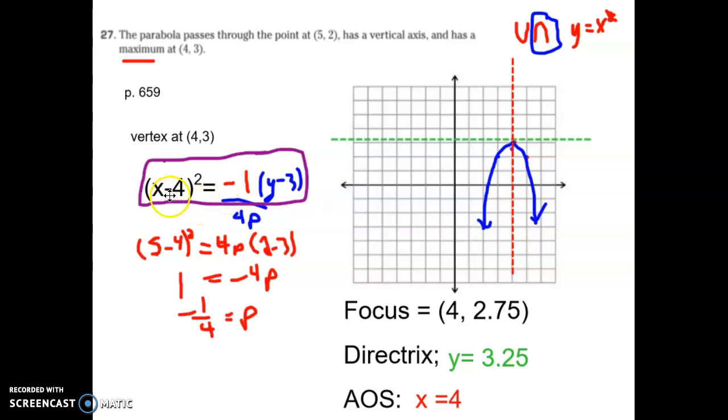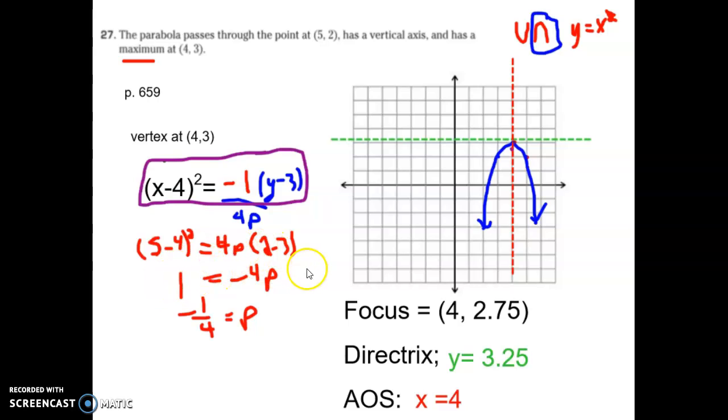And so what I did was I used this point (5, 2), which is on the graph. I took the 5 and plugged it in for x. See right here, I plugged in 5 minus 4 squared equals, there's my 4p right there, and then 2 minus 3, getting this 2 from right there. So I just plugged in that x and that y.